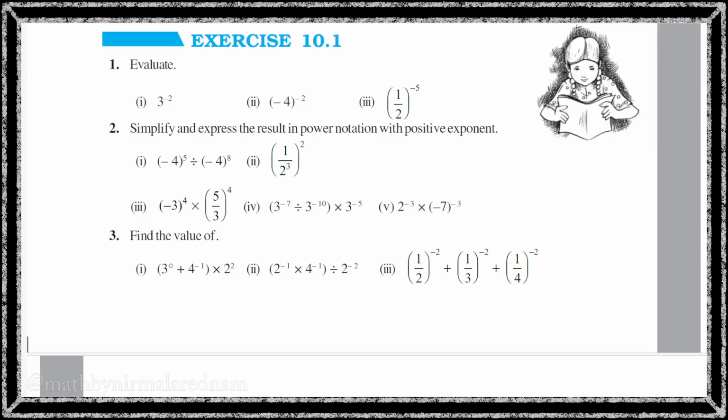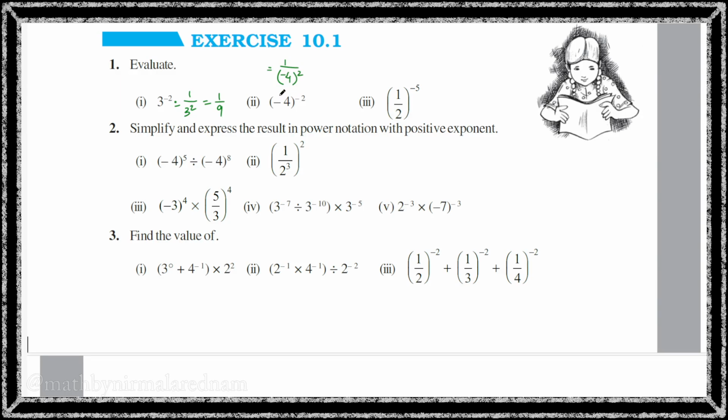Evaluate, the first question says, evaluate 3 power minus 2. This can be done here itself. This is nothing but 1 by 3 square, which is nothing but 1 by 9. Now here evaluate minus 4 whole power minus 2.